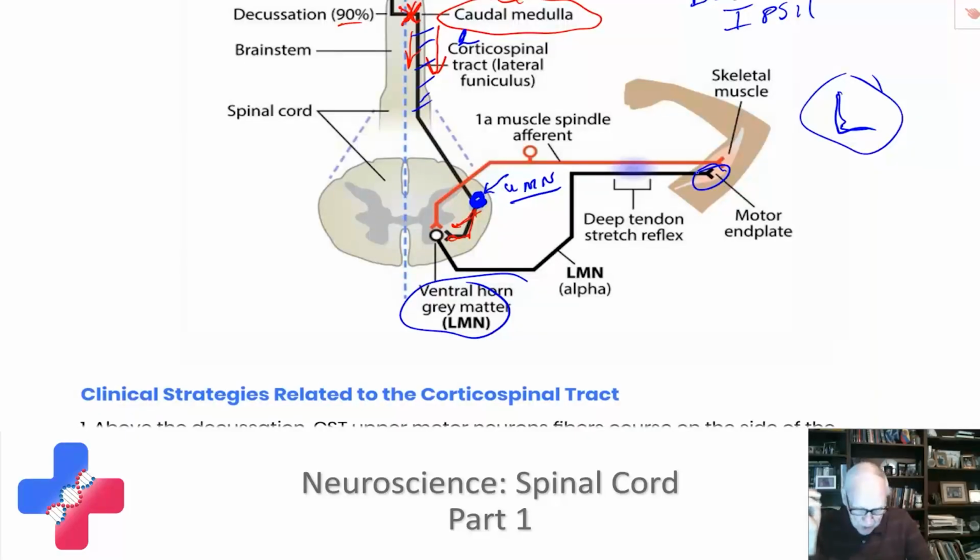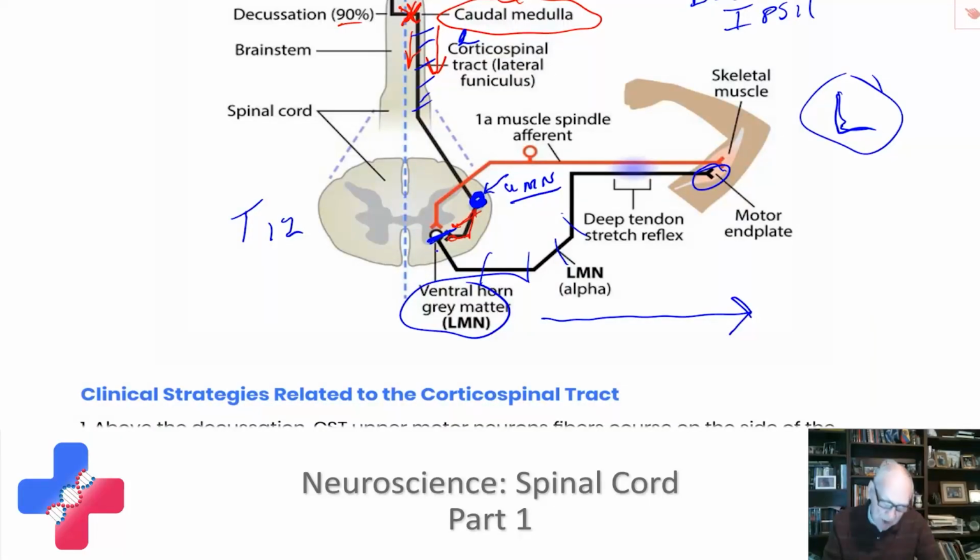So again, the lower motor neuron is the one that's leaving the gray matter. So remember, lower motor neurons are in a horizontal concept. So if you damage the lower motor neuron, either in the ventral horn or anywhere along the way, let's say this is T12, the T12 cord segment.